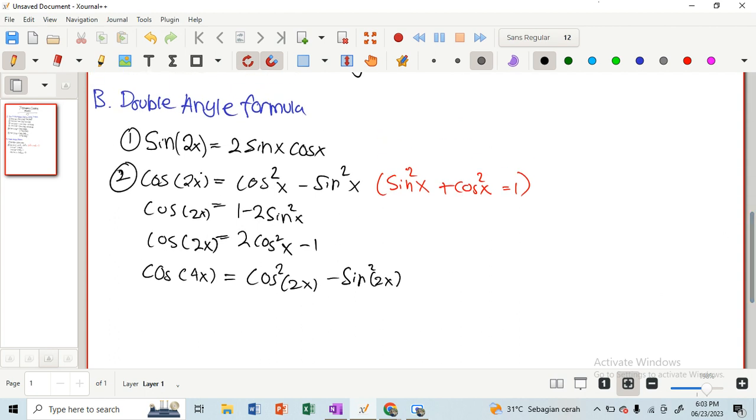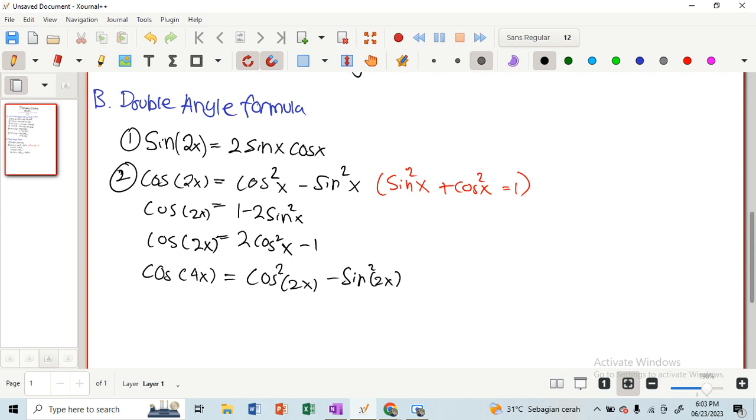So you could see the pattern here. If we have 2x, the expanded term will be only x. If it is the cosine of 4x, the left term is 4, then the right term will be half of the initial coefficient of x.